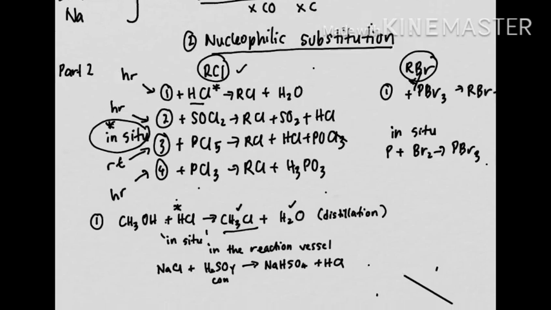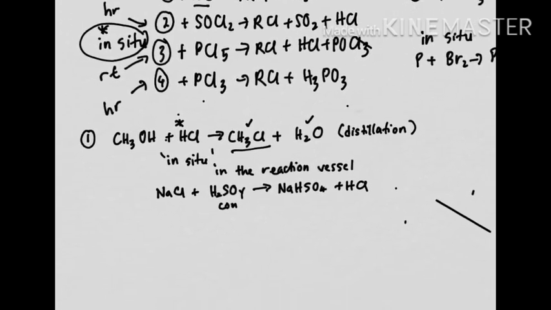Now, for the second reaction, if you want to get a chloroalkane again, we can use this example, CH3OH, and then we have SOCl2.